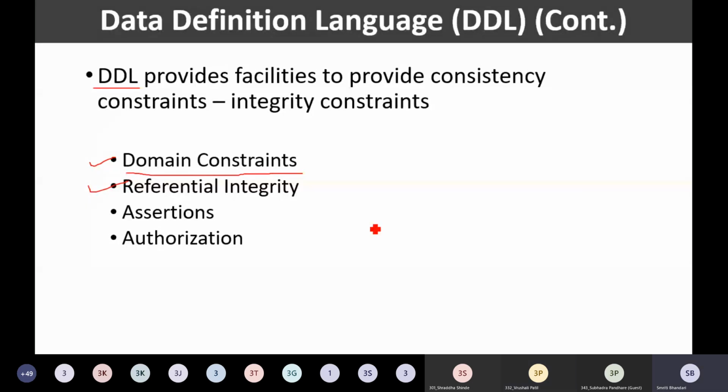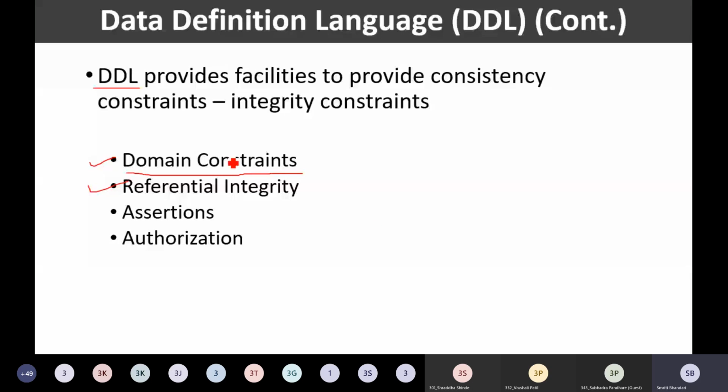Very good. So I hope you have understood the concept of domain constraint and referential integrity. The third kind of constraint is assertion. An assertion is any condition that the database must always satisfy.